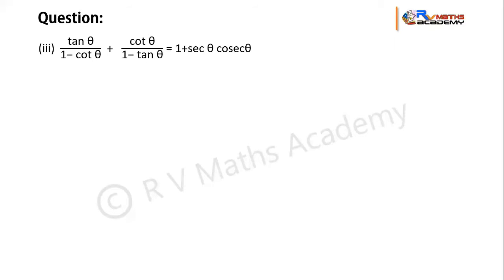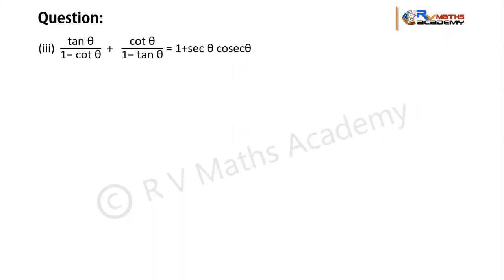You should know all the trigonometric identities and all the formulas of trigonometry very well. I have explained all the formulas in an easy manner in my previous videos. If you know all the formulas very well, you will not face any difficulty in proving identities.